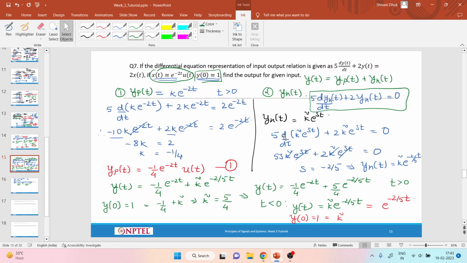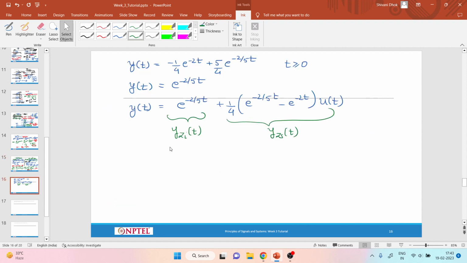Then only I can go with it because I need LTI. LTI means y of 0 is equal to 0. If my initial condition is not 0, I can do it using Laplace, but I'll have some extra terms that will correspond to my initial conditions.